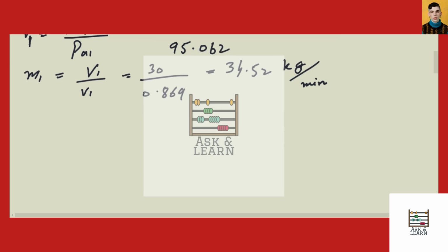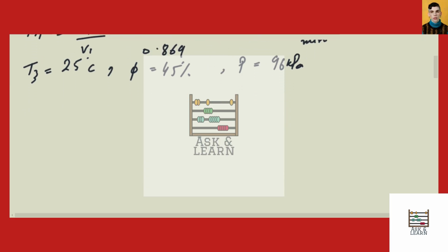So we will also need the same parameters for the exit flow. First, we need to use the given temperature, that is T3 is equal to 25 degrees centigrade, then phi is equal to 45%, and then the pressure, that is P is equal to 96 kilopascal, to determine the vapor pressure PV3, and from that the dry air pressure PA3.